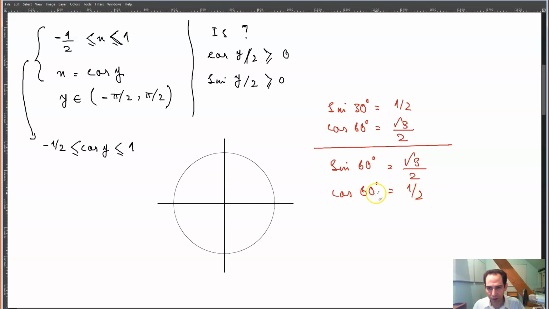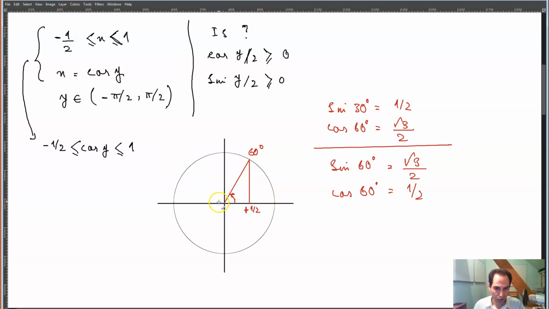That means that if cos is supposed to be 1/2, one possible angle would be 60 degrees, which is this angle over here. This is 60 degrees, and the cos of that angle is exactly 1/2. I'm sorry, I said negative earlier, this is positive 1/2.